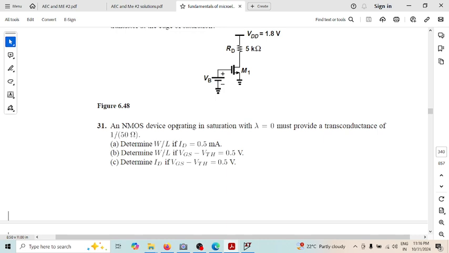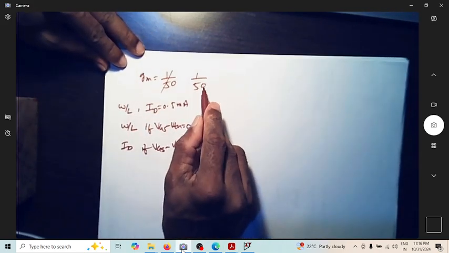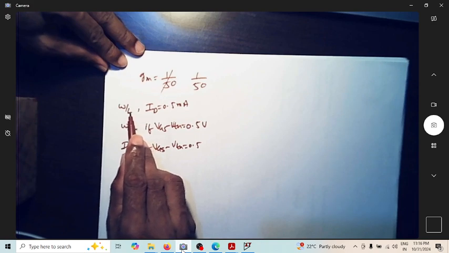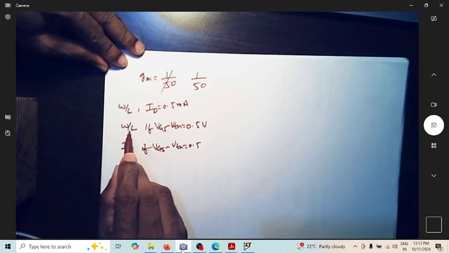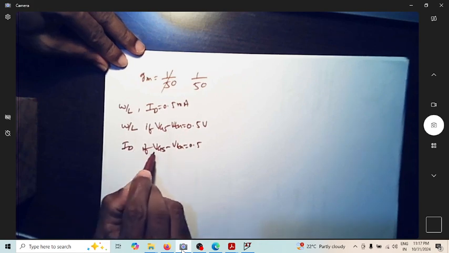We are asked to determine ID if VGS minus VTH is equal to 0.5. So these are the points that have been asked. GM is given as 1 over 50. We are asked to find what is W by L if ID is this much, what is W by L if VGS minus VT is this much, and what is ID.